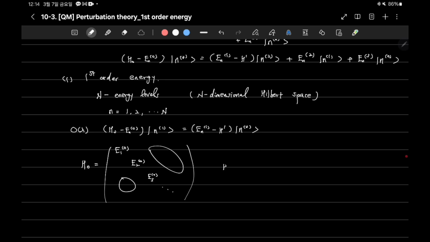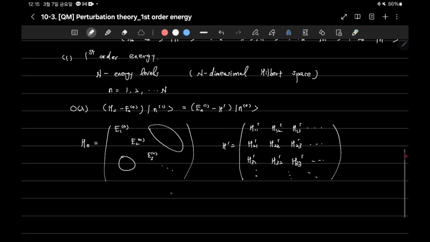Then H prime is not diagonal: in general H11 prime, H12 prime, H13 prime, H21 prime, H22 prime, H23 prime, H31 prime, H32 prime, H33 prime, and so on.